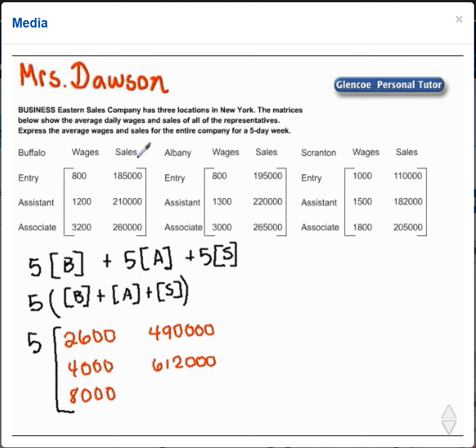And then the sum of the sales for the associate, $260,000 plus $265,000 plus $205,000 is $730,000.